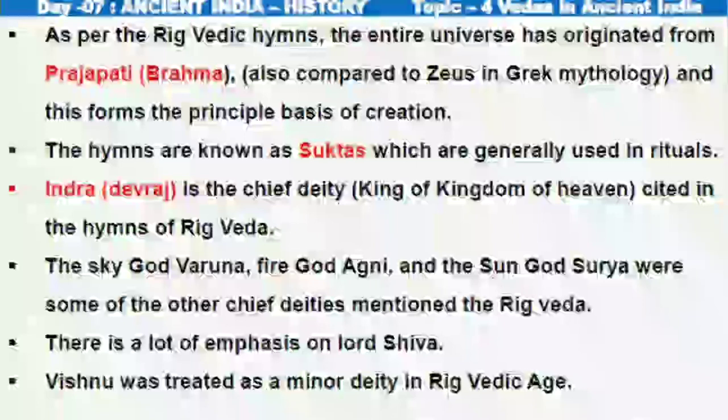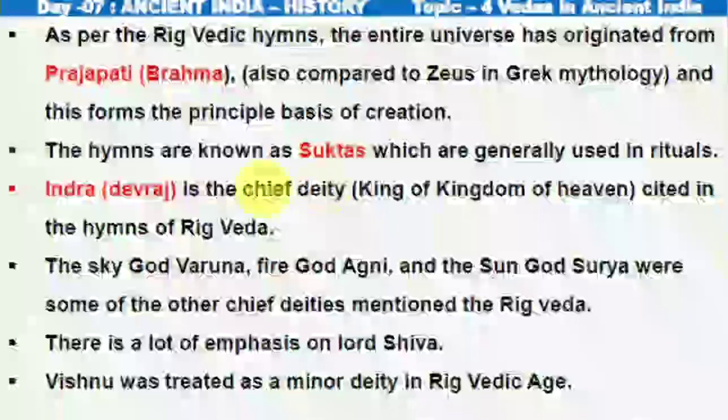So Prajapati Brahma is the creator of the world as we consider it in Hinduism. He is also compared to Zeus in Greek mythology, and this forms the principal basis of creation. Brahma is known as the Srishtikarta.